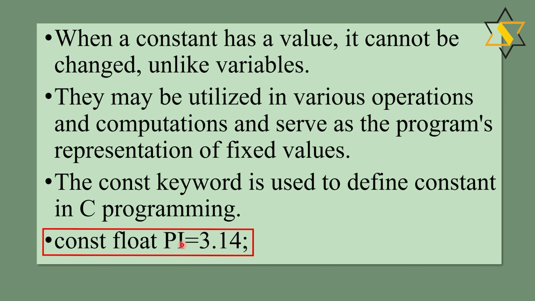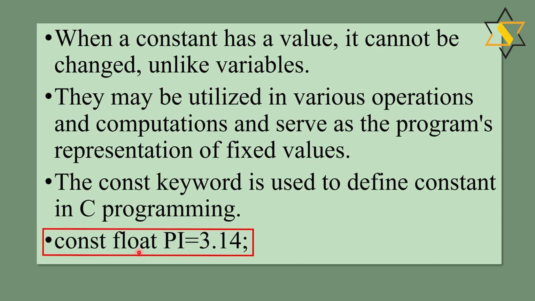If you want to use some constant value in your program, you need to mention it like this: const float, because this is 3.14. The 3.14 with a decimal point indicates it's a floating type. If it is an integer type, then it shows only 3.